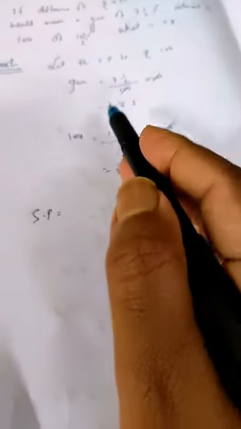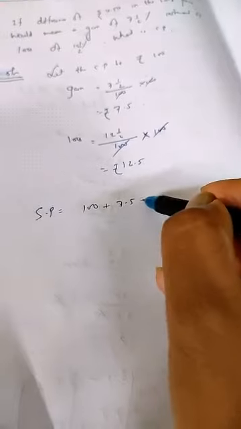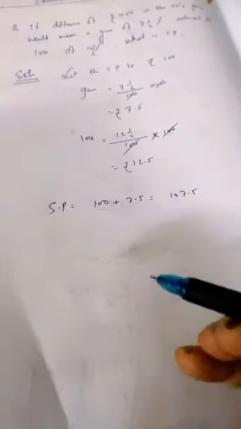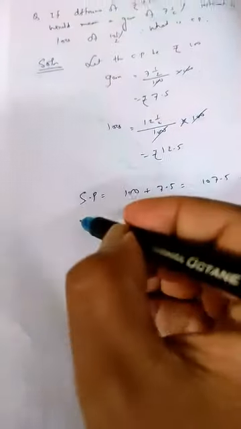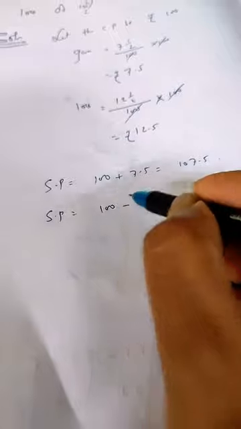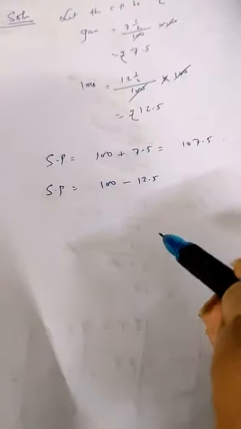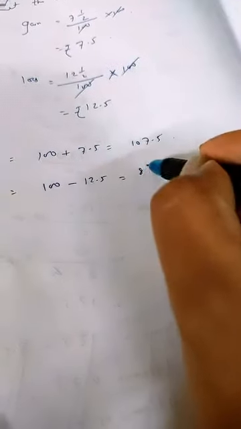Now selling price equals CP plus gain. So CP is 100, gain is 7.5, so 107.5. In case of loss, selling price equals CP minus loss, so it will be 87.5 rupees.